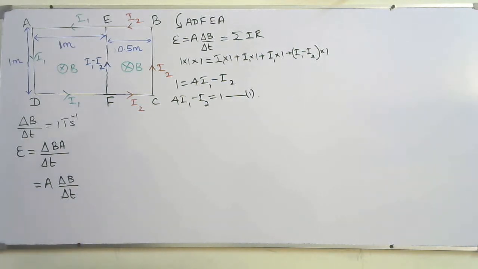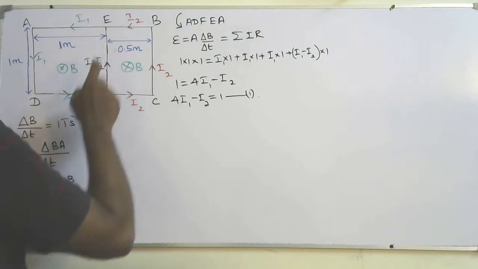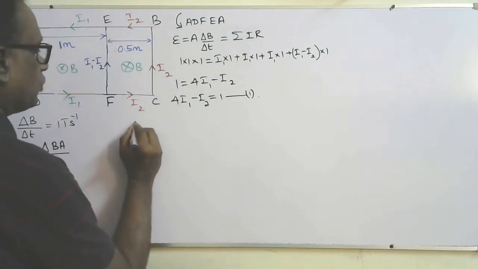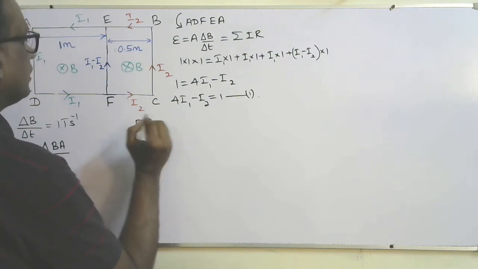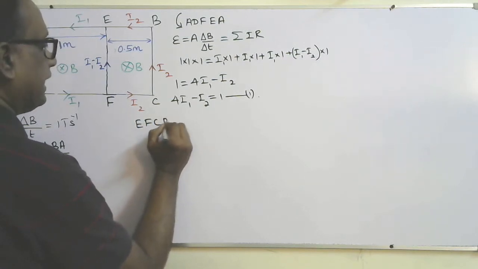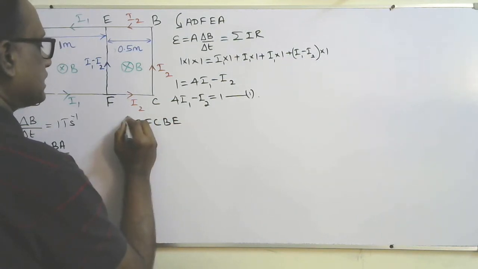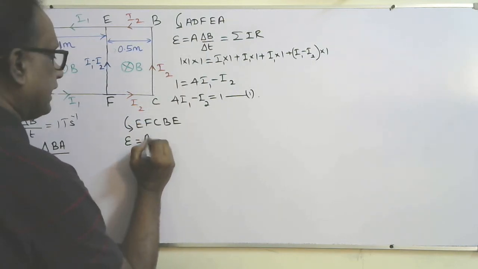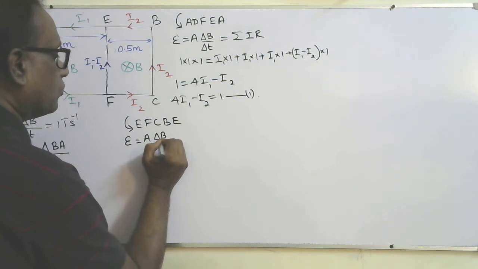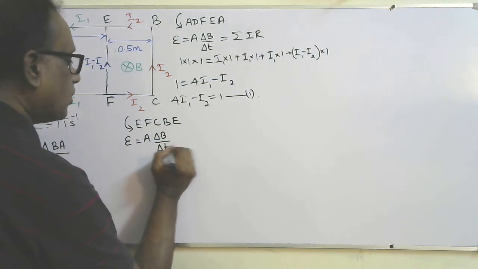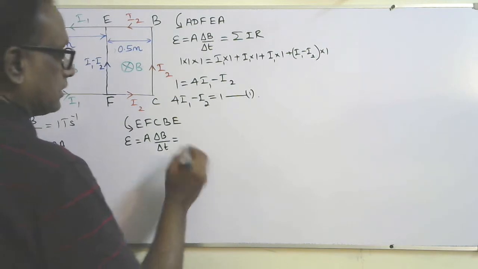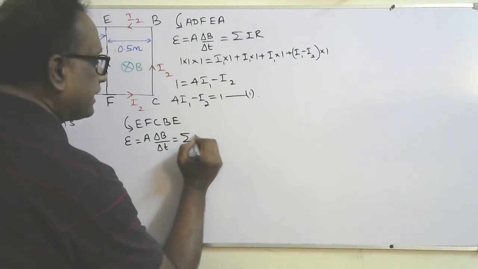Okay, so now we'll consider the second loop, this one, the loop EFCBE. I'm going to use Kirchhoff's second law, the same equation: induced EMF equal to A times delta B over delta T, that's Faraday's law, is equal to sigma IR.